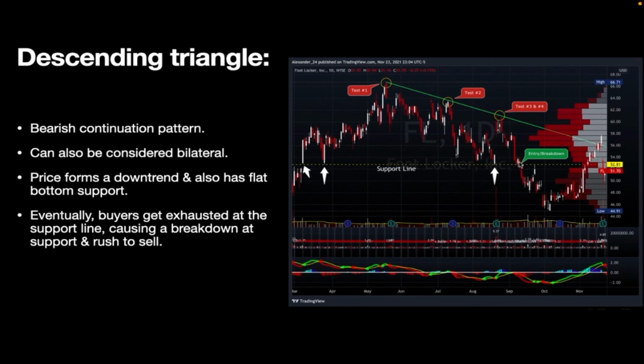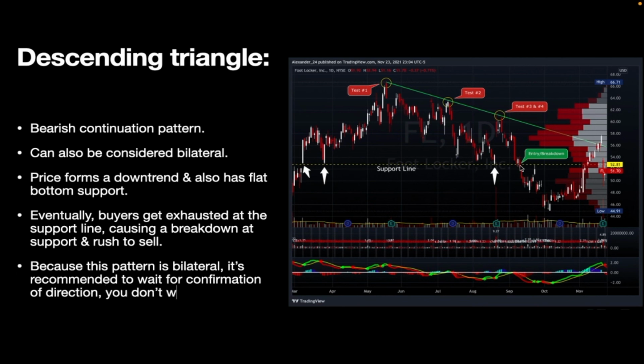Obviously still have your stop loss, still know what you're doing, manage risk accordingly, but once you have that closing price under here, you waited for that confirmed setup. And it's the same thing I said earlier. You don't want to be stuck on the wrong side, so wait for confirmation.